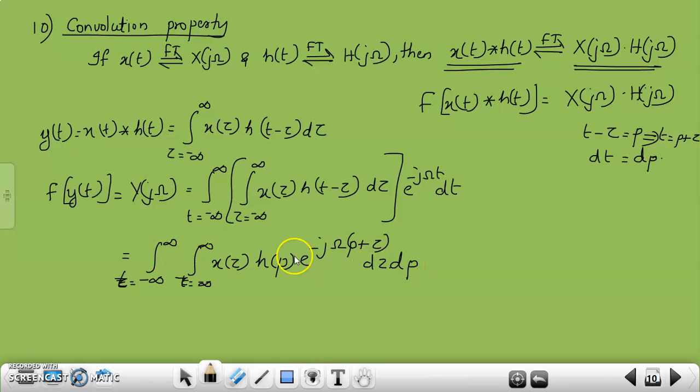Here this term is x of tau, this will be h of p, and you have the d tau term and the dp term.